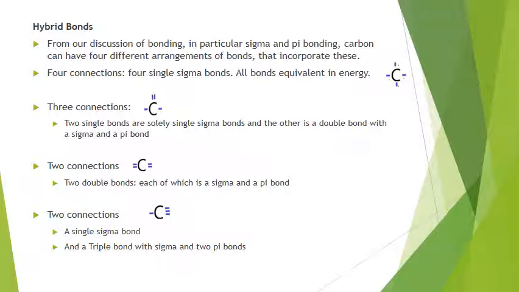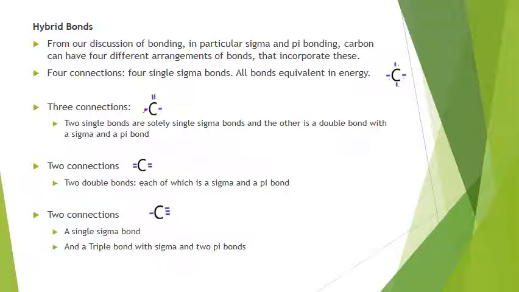Now, let's start here. If a carbon has three connections, remember, there are four different ways that carbon can have bonds. It could have four single bonds, two single bonds and a double bond, two double bonds, or one single and one triple.